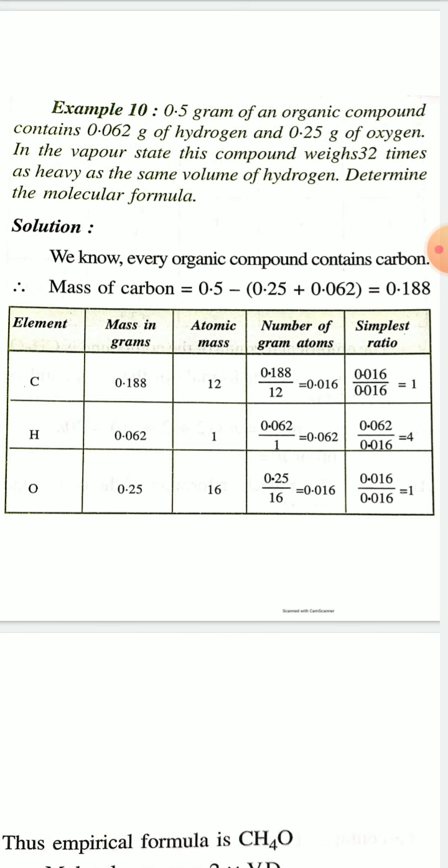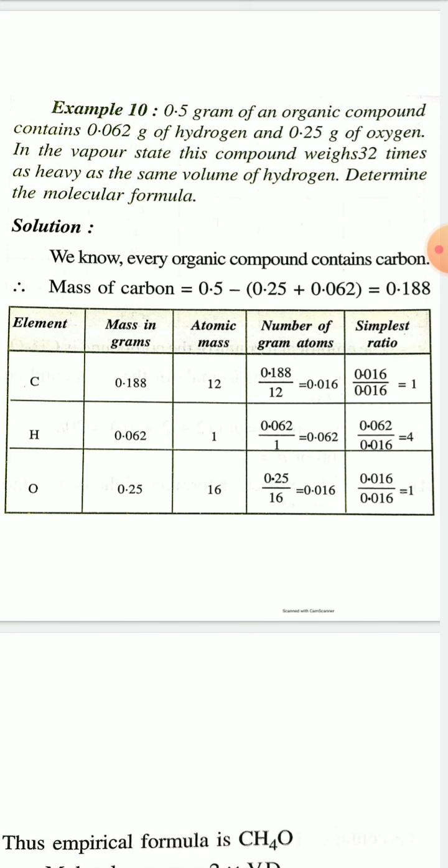Now the next process is similar. You have to make a table, and 5 columns are there: elements, mass of the elements in grams, atomic mass, number of gram atoms, which is also the atomic ratio, and then simplest ratio.